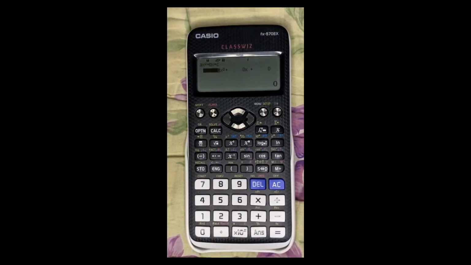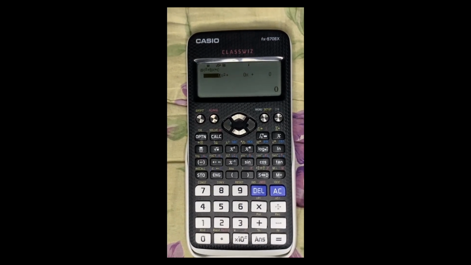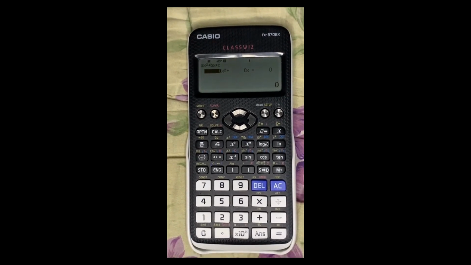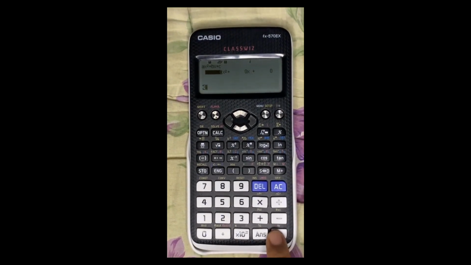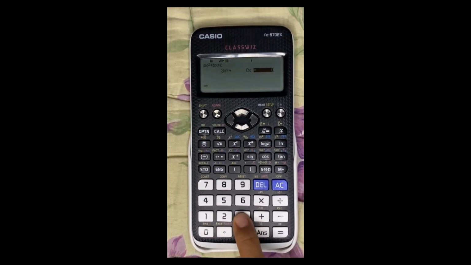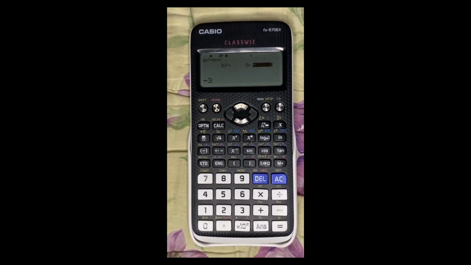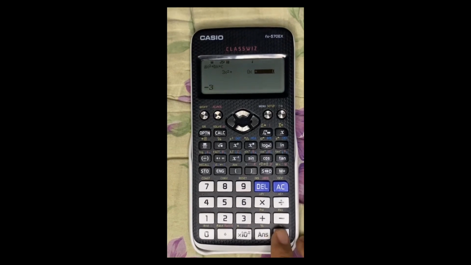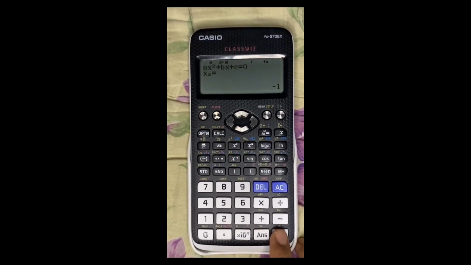After that, we enter the values according to the correct space. Make sure to enter in the correct space and do not make a mistake. After entering the values, press equal to and we will get the answers, which are 1 and negative 1. That's all.